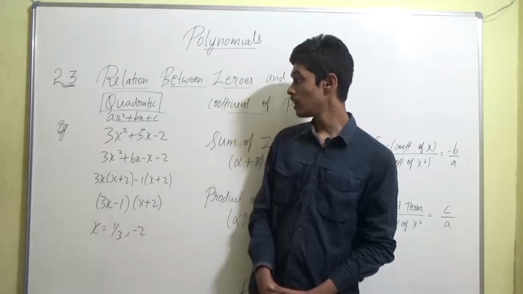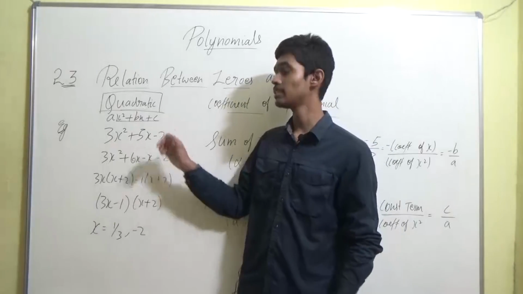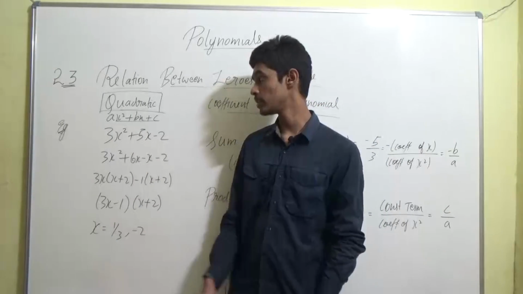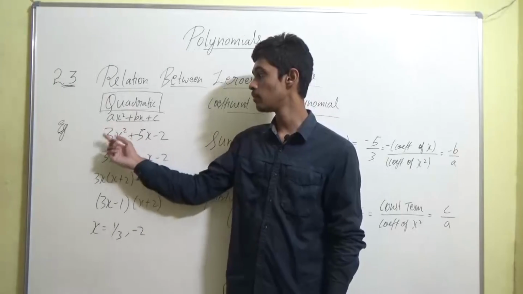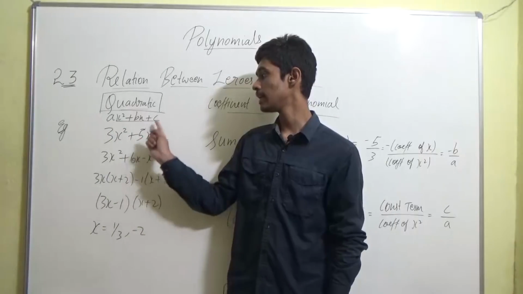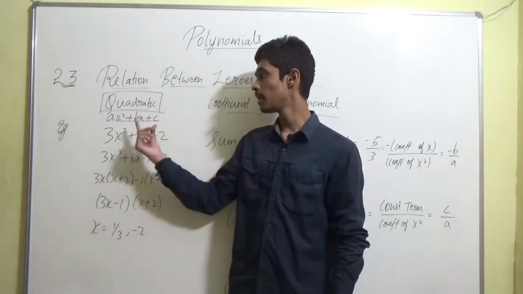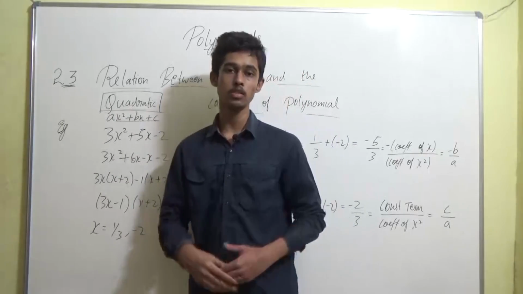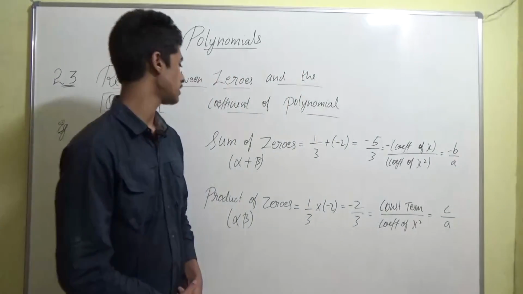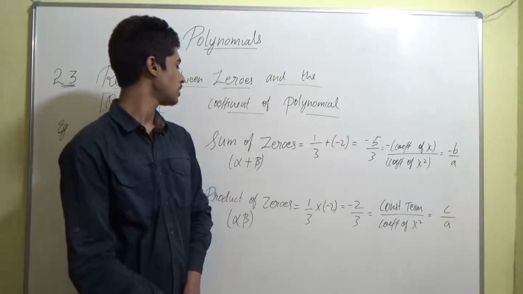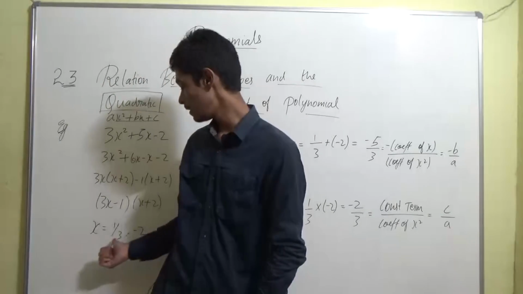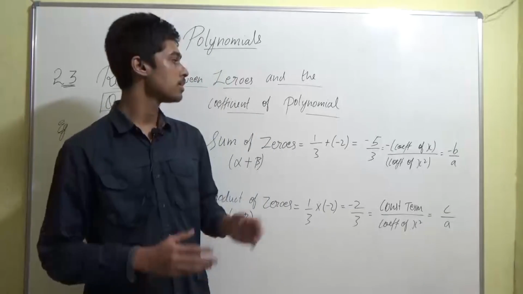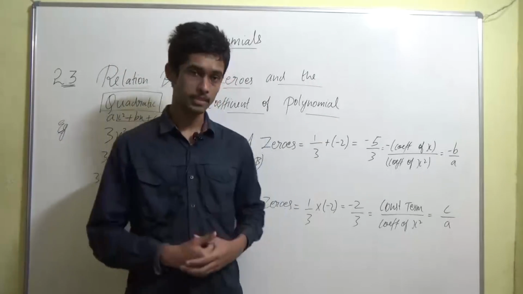You can treat any one as alpha, and the other one you can treat as beta. Now comparing this equation with the standard form of the quadratic equation, you will get to know that a is equal to 3, b is equal to 5 and c is equal to minus 2. Now let's see the relationship between them, guys. The sum of zeros is alpha plus beta, that is minus 2 plus 1 by 3.